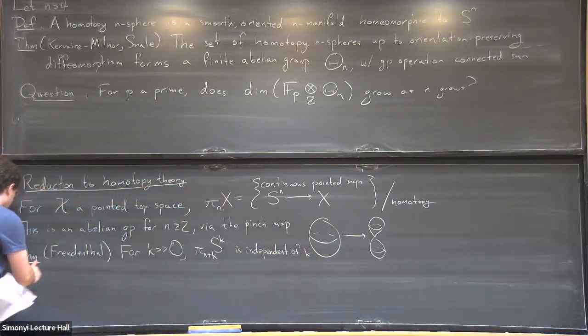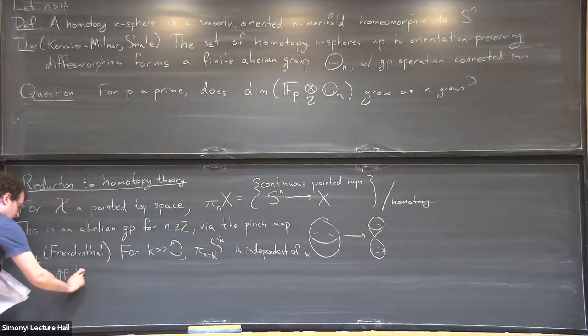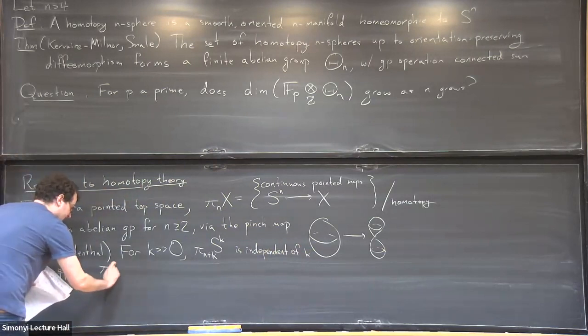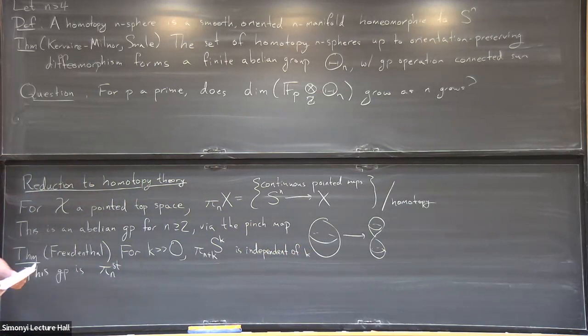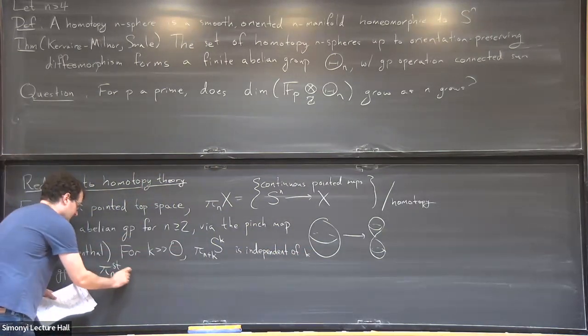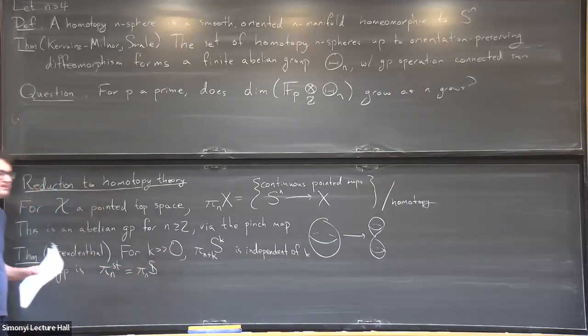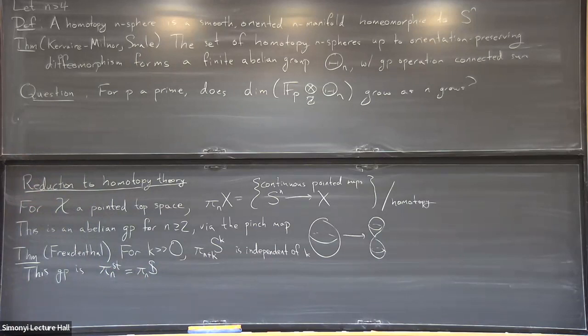And this group is called the nth stable stem, where the difference in dimensions of the sphere is exactly n. And in other language, it's pi_n of the sphere spectrum that Jared talked about, if you prefer.